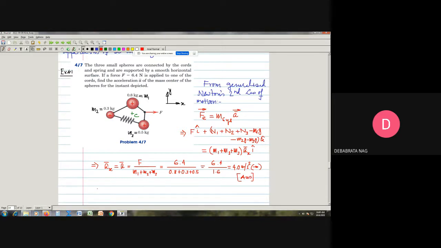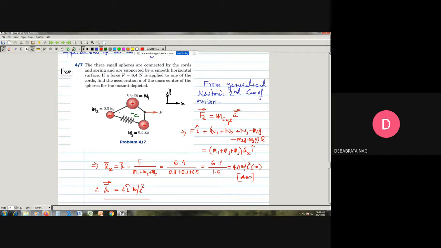So we can say that the acceleration vector a bar of this system is equal to 4 i cap meter per second square. That is our acceleration of this entire group.